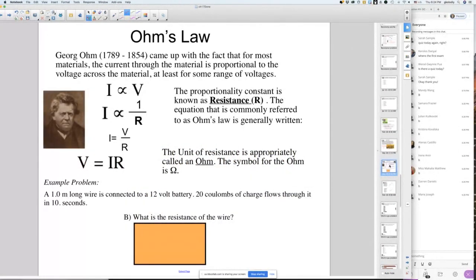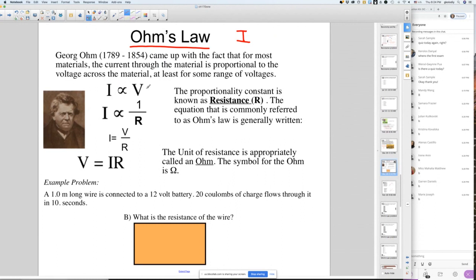So we were talking about how to measure electric current, but we know that electric current is related to two things. It's related to the resistance to flow of current, and it's also related to the voltage. That's the thing that's pushing basically the electrons around in the circuit. And Ohm's law derived the relationship between these two.